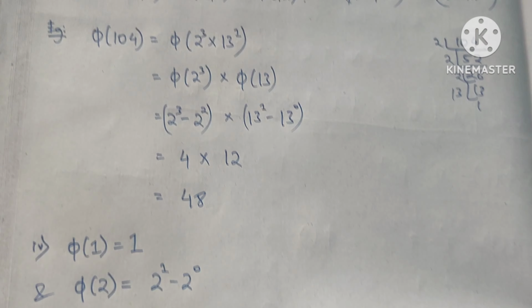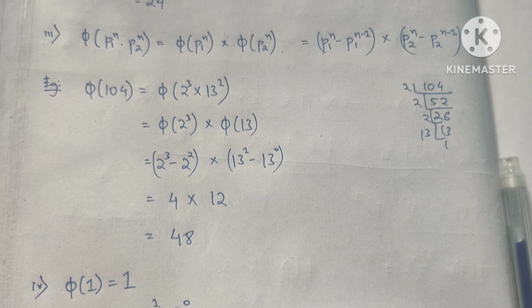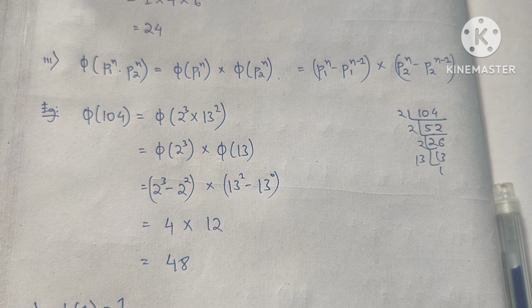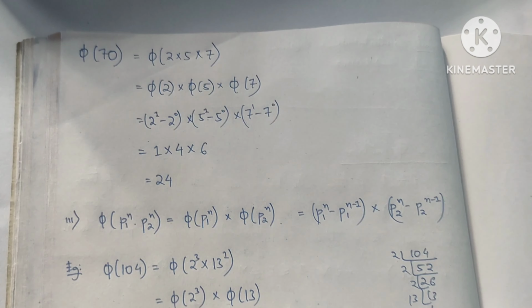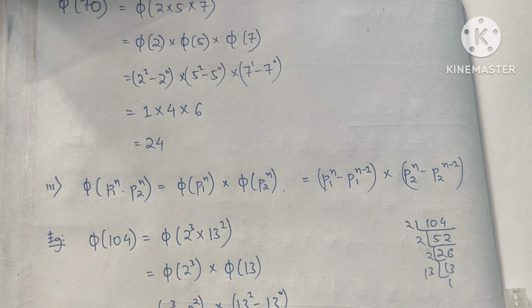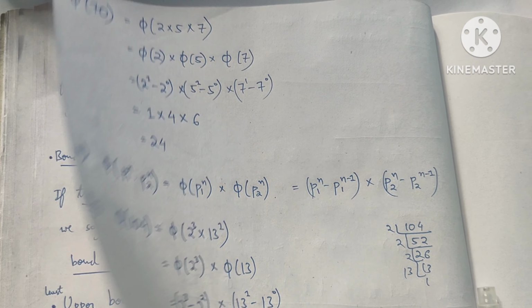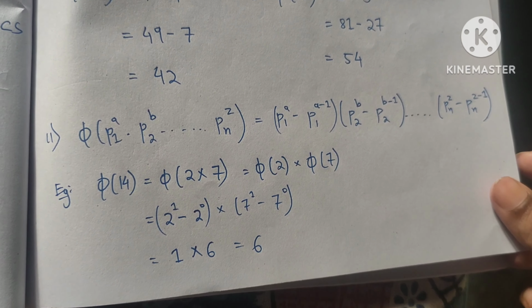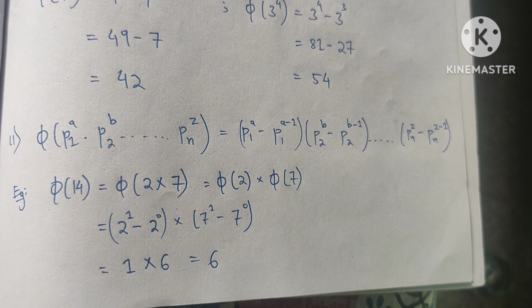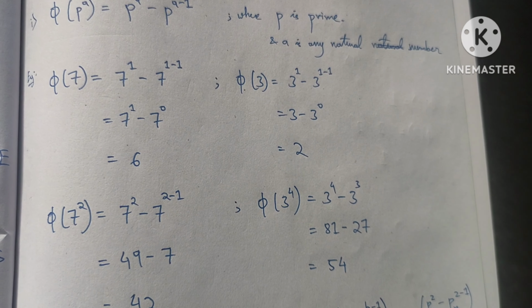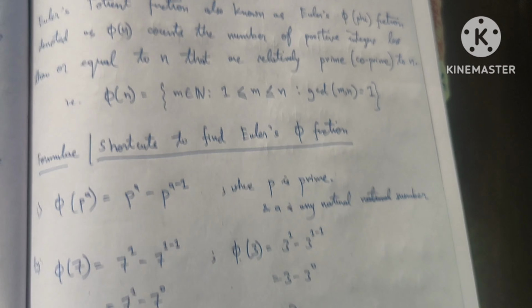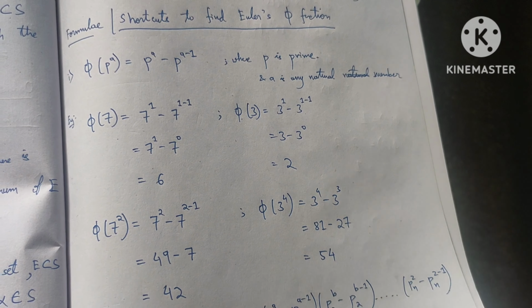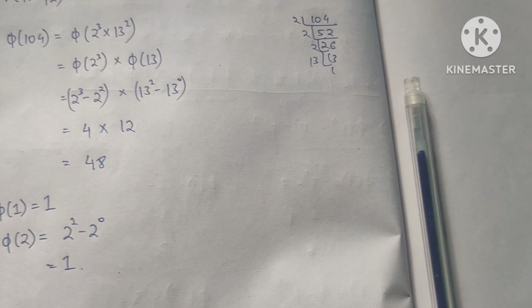Just like this, you see here in all the examples we took, 504, value is 48, which is an even number. 570, answer is 24, which is an even number. 514, answer is 6, which is an even number. So in all the examples we took in today's video, we get to see the answer is even.